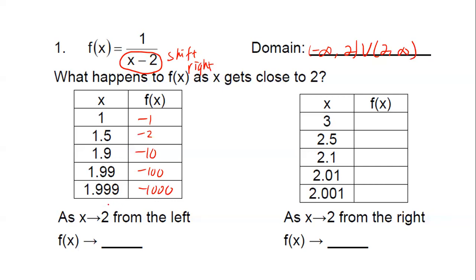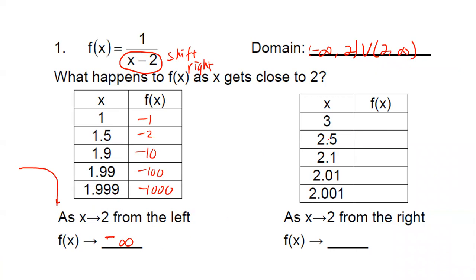If this was to keep going, so if I was at 1.99999999999, it just keeps going. And so what are my y values doing? They're approaching negative infinity. Okay. So coming from the left is going to be doing this.